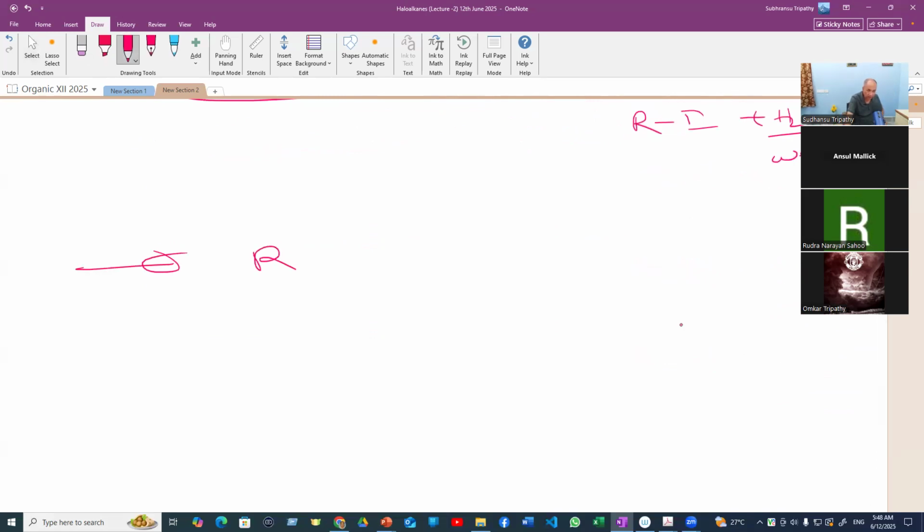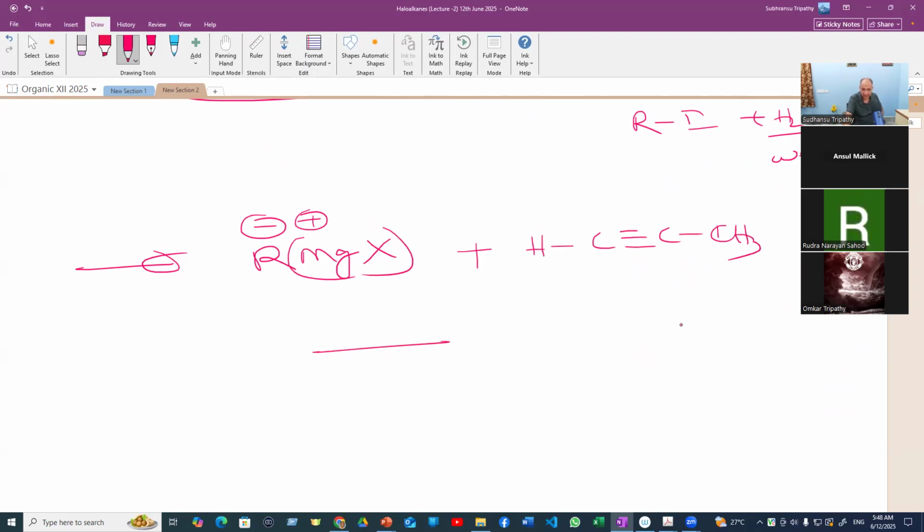You will tell the possibility. Say you are taking Grignard reagent, RMgX, plus you are taking an alkyne having an acidic hydrogen atom. So supposing you write this down, R minus as a nucleophile will attack here and this will go.